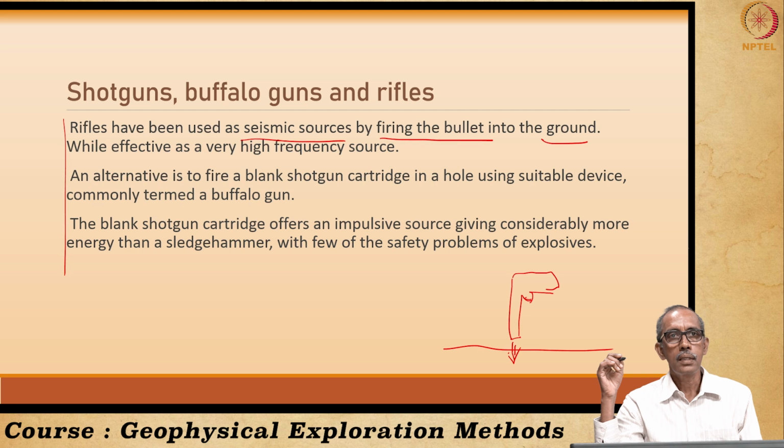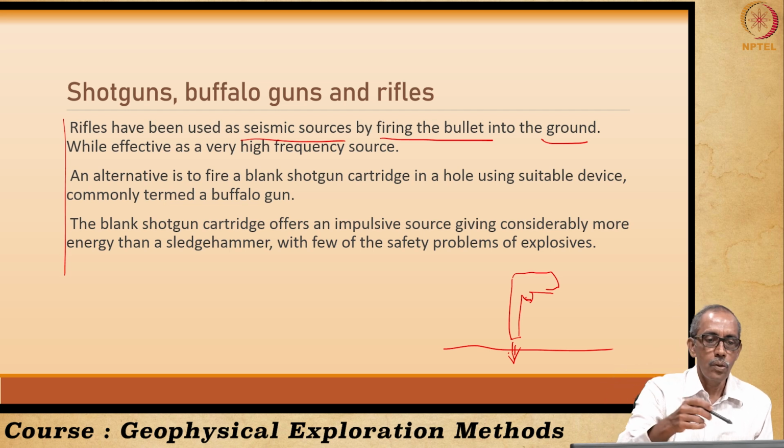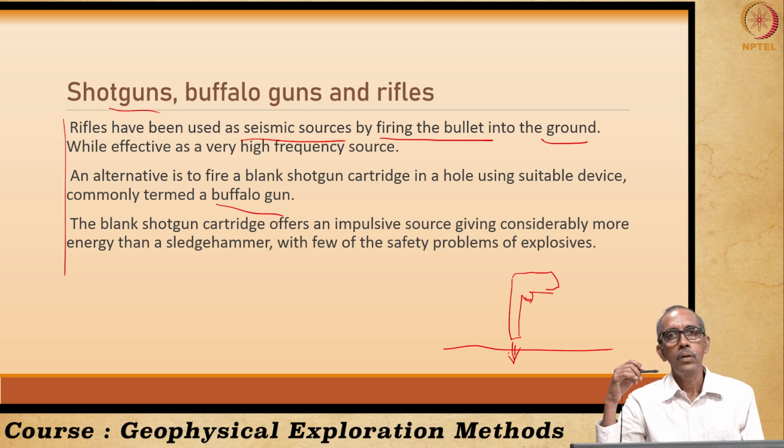So this is one of the simplest ways, because it is an alternative to the use of explosives, and explosives are very difficult to deploy because of stringent regulations. So we can use some shotguns or buffalo guns to explode the subsurface.